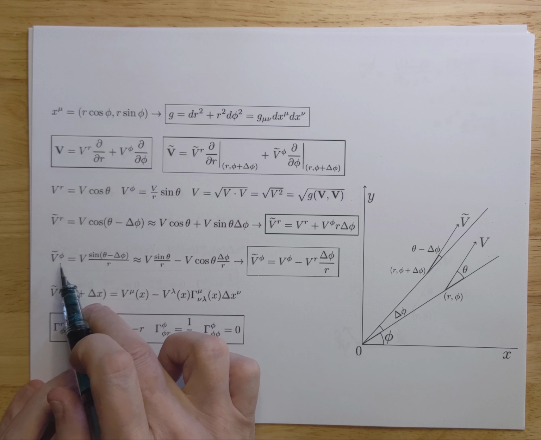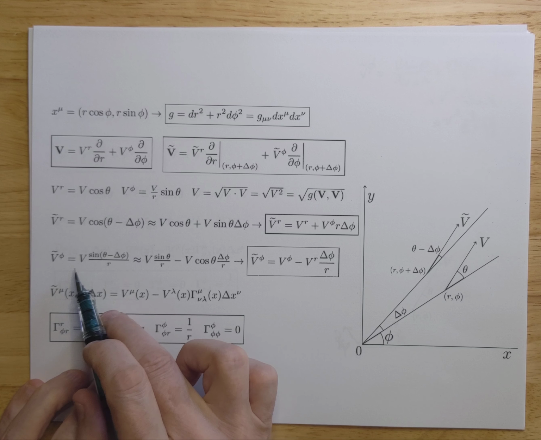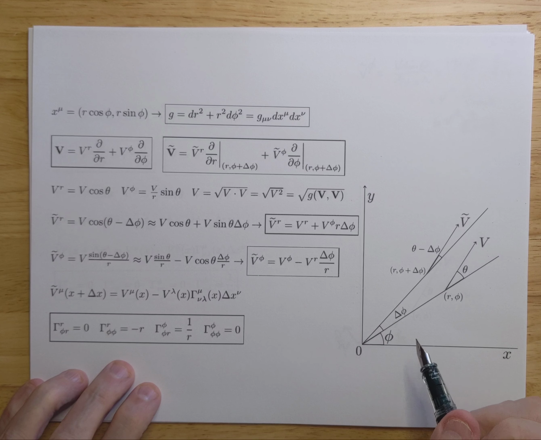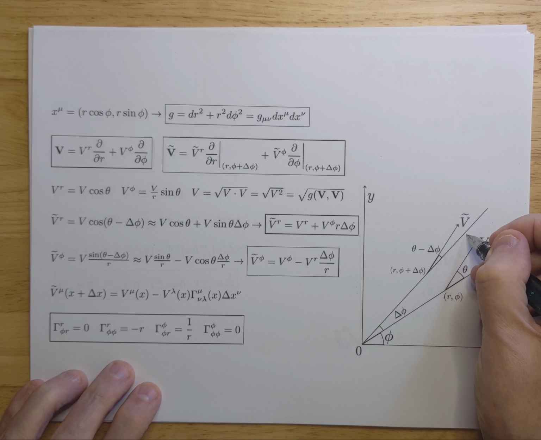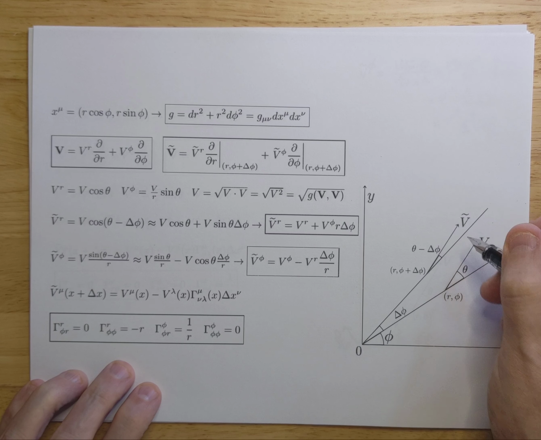Now you do the same for phi. If you look at how phi is being affected by this rotation, right, that's this little piece over here. So you get Vr is phi cosine, phi sine theta minus delta phi over r. Okay, r has not been adjusted. R is still the same.